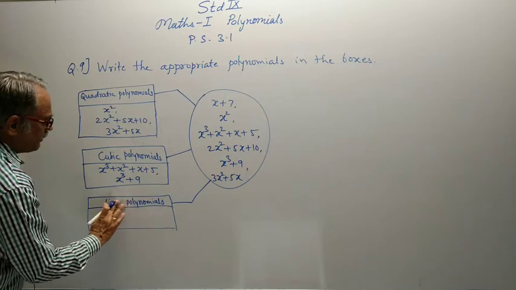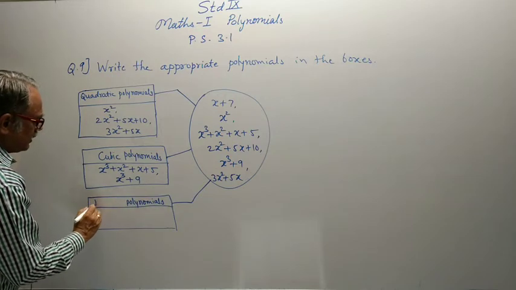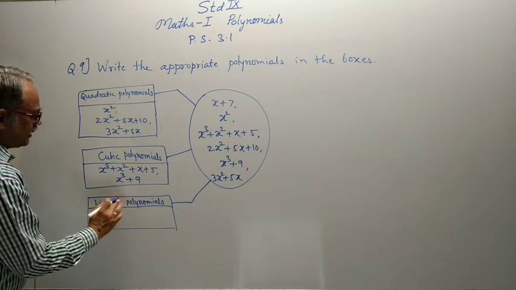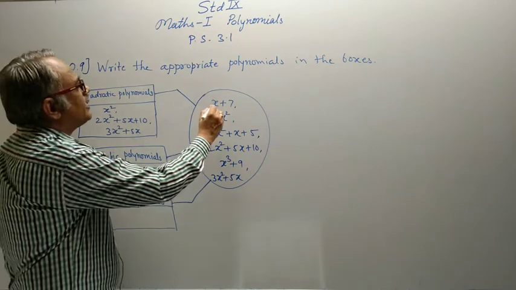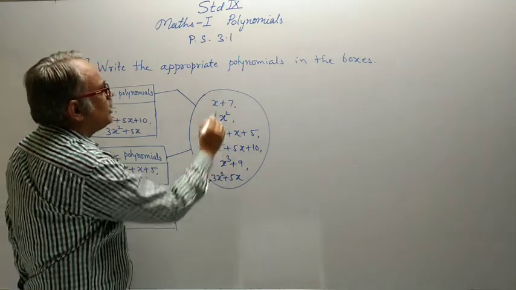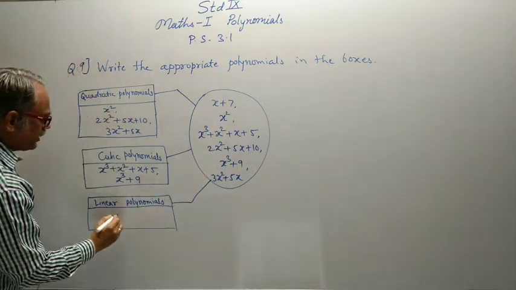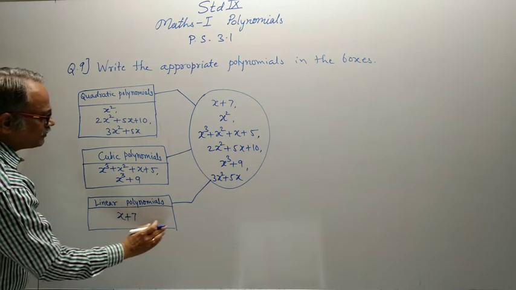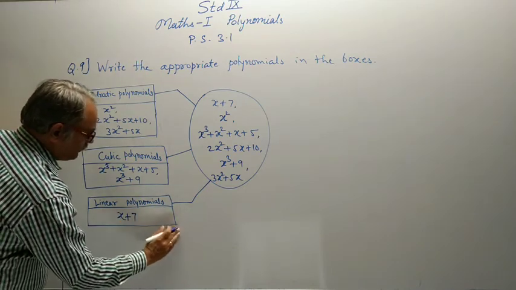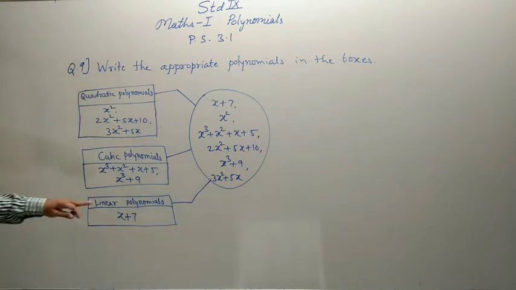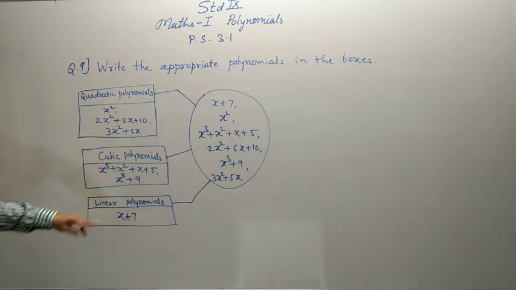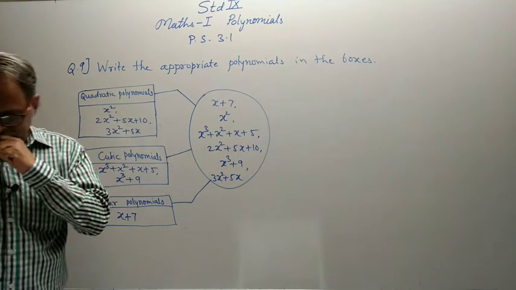Degree 1, the x term. Only one. So x plus 7, only one line is sufficient. So here we have written quadratic 3, cubic 2, linear 1, total all 6.